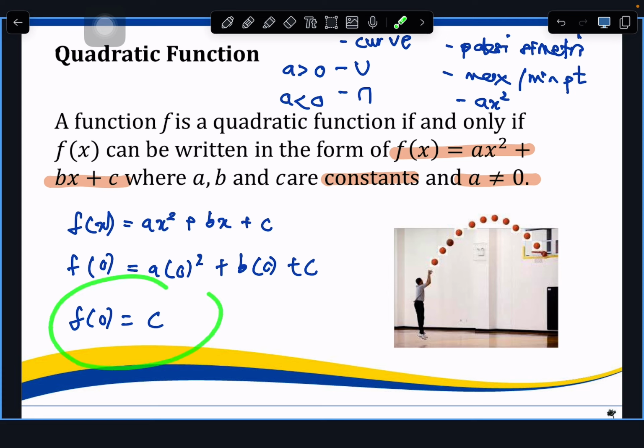Okay, this one is a constant function, but basically just a straight line, like the horizontal one. This is basically just a brief introduction about quadratic.